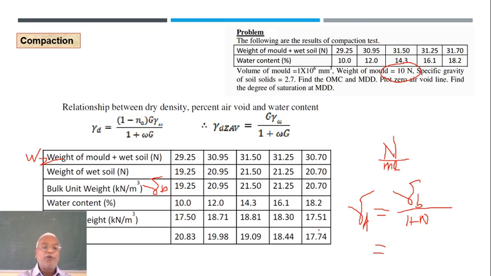It is 19.25 on the top, divided by 1 plus W, which is not 1 plus 10, it is 1 plus 10%. 10% is 0.1, so 1 plus 0.1. Now if you simplify, this will be 17.5 kilonewton per meter cube. This will be gamma D.